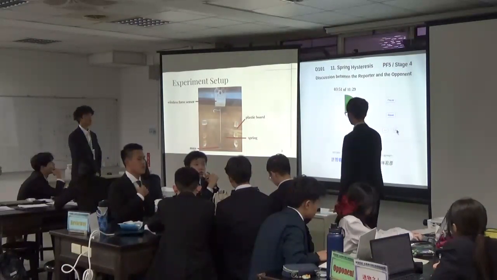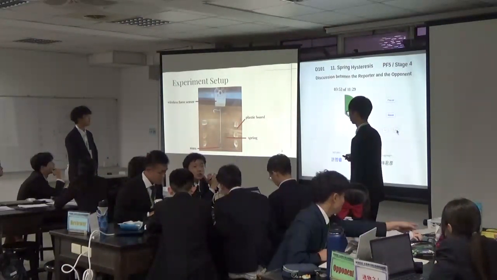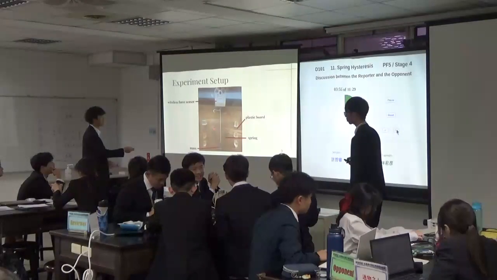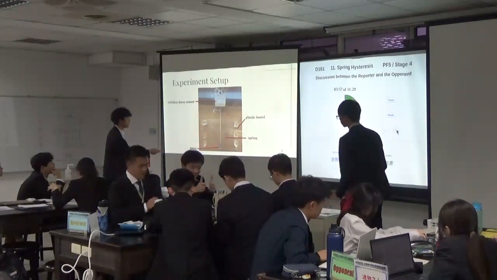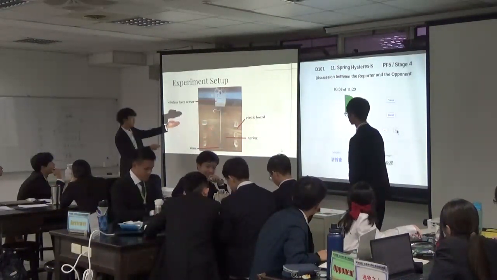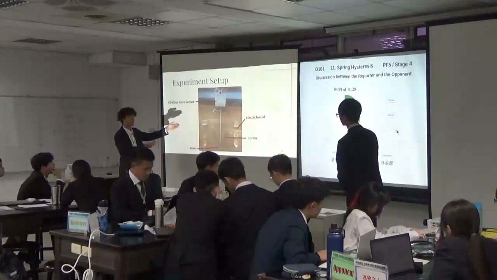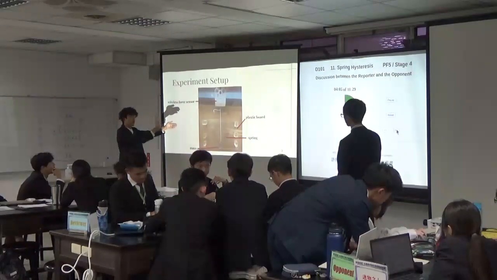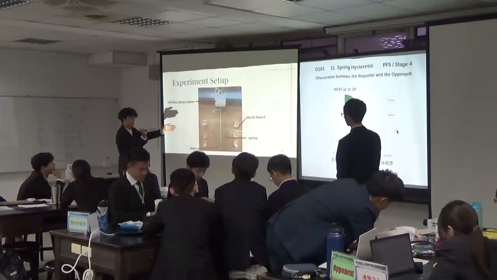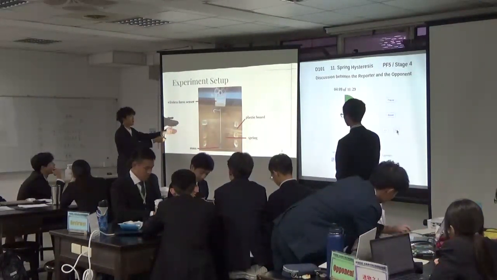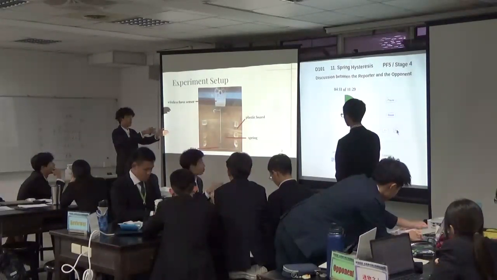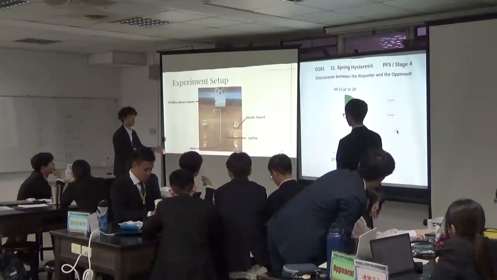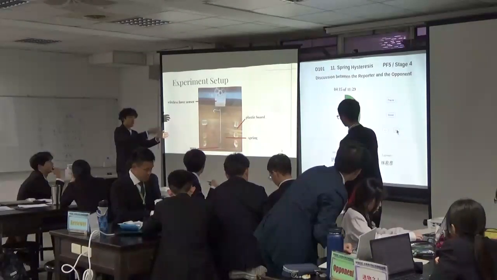What is the passive force on the string? We attach the spring to a wooden board, and because we want to constrain the motion of the mass to the vertical direction, not this direction, we use a plastic board to keep the motion in this plane.